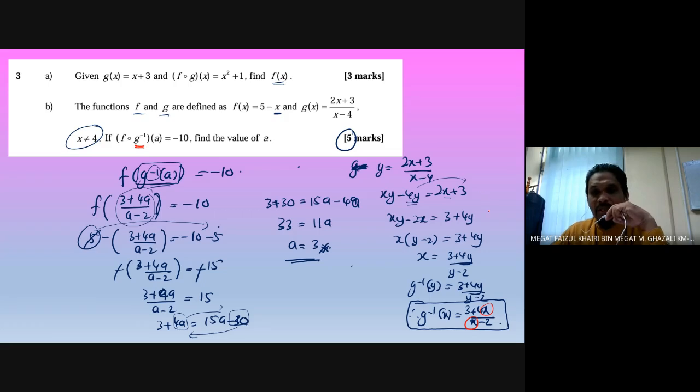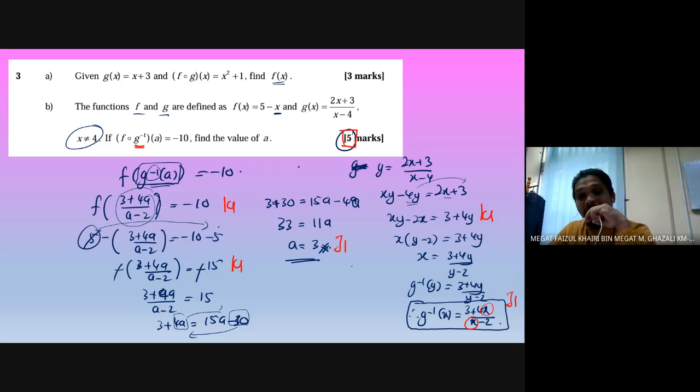So assuming y equal to f(x), K1 and J1. Then substitute g inverse into here, K1, simplifying this, K1, and the final answer is J1. 5 marks.